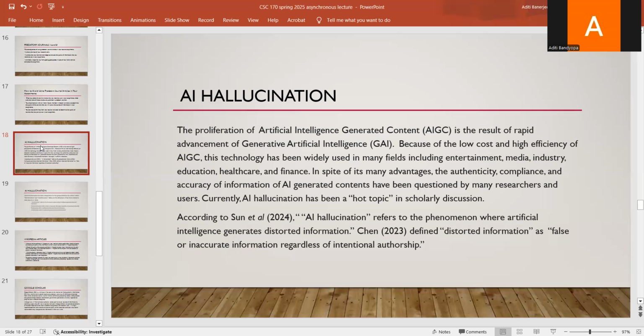According to San et al., AI hallucination refers to the phenomenon where artificial intelligence generates distorted information. Chen, in his 2023 article, defined distorted information as false or inaccurate information regardless of intentional authorship.